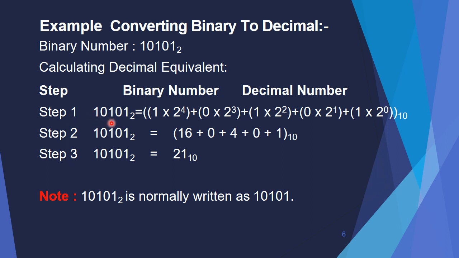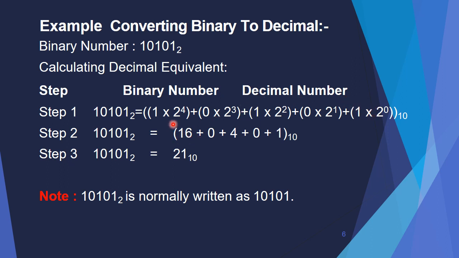First, we will multiply all the digits in this number with 2, and then starting from the right side, we will start giving the powers of 2. So 2 to the power of, we will start from 0, and then 1, 2, 3, and 4, and then we will add them up.